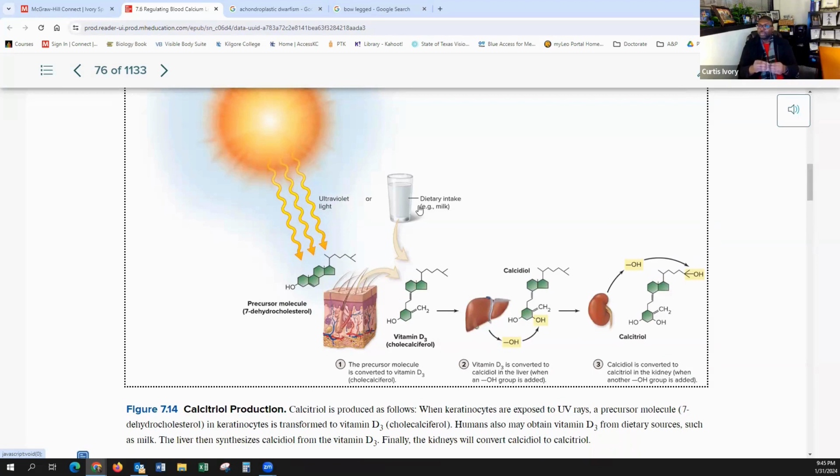Vitamin D then is going to go into your intestines and allow the intestines to absorb calcium. Once you're able to absorb calcium, you're able to send that calcium to your bones to make them harder.